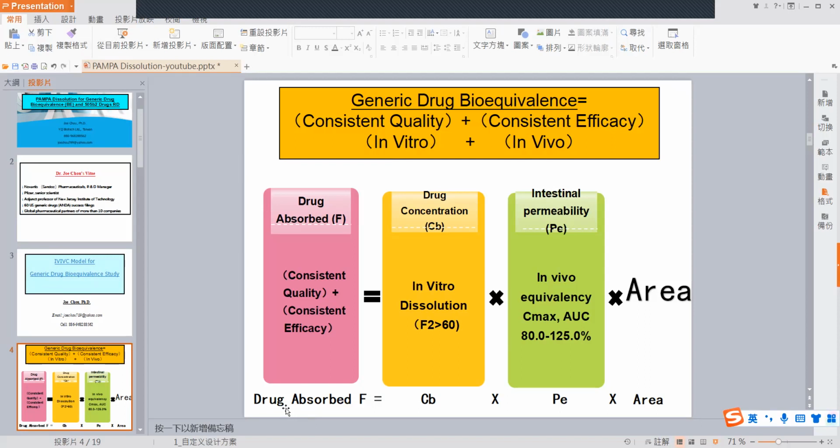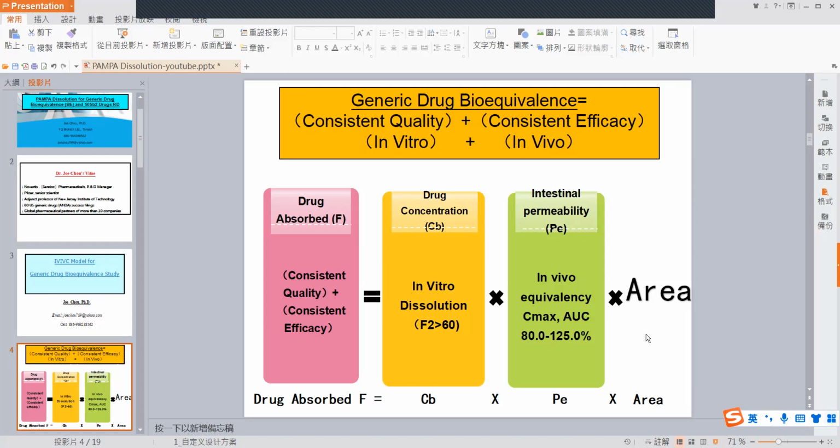As you can see at the very bottom, the drug absorbed F equals CP times PE times area. As you can see from the upper color squares, F, the drug absorbed, is equal to the drug concentration in the GI tract times the intestinal permeability of the drug times the intestine surface area.